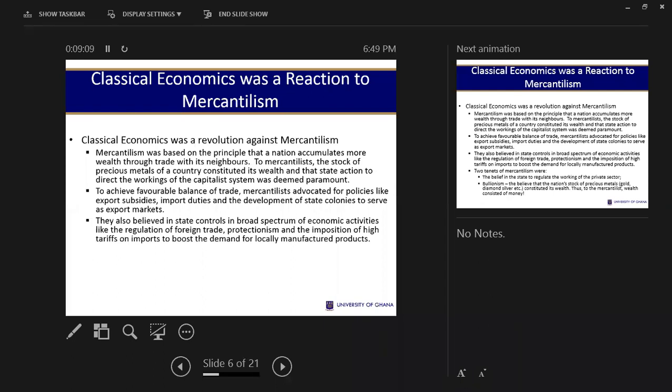So though people can import, the imported goods will carry a very high cost. So it will be better to just buy a locally made good than buying those high-cost imported goods. By doing this, their main aim was to have a favorable balance of trade. That was what mercantilism was about.